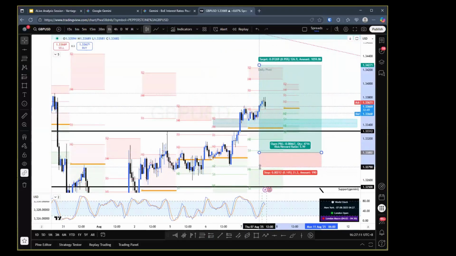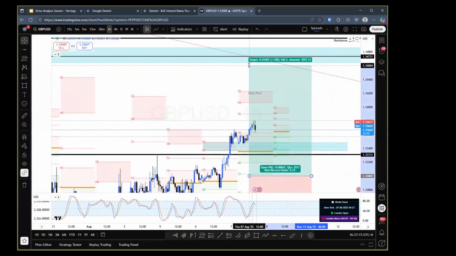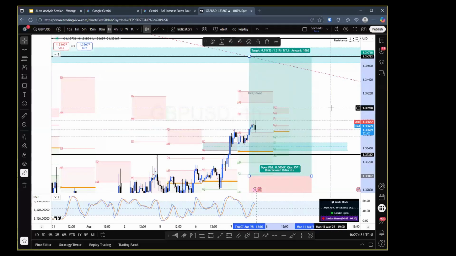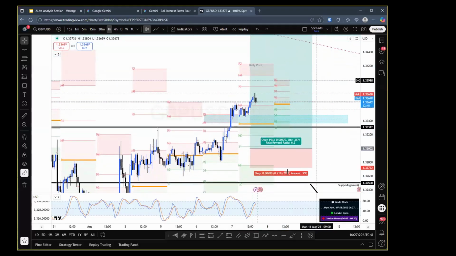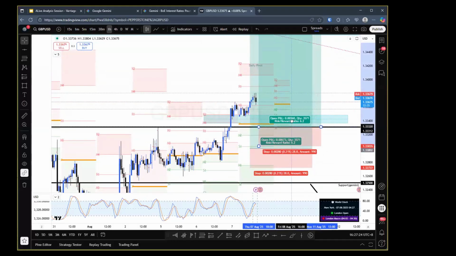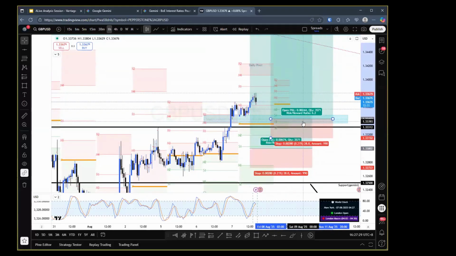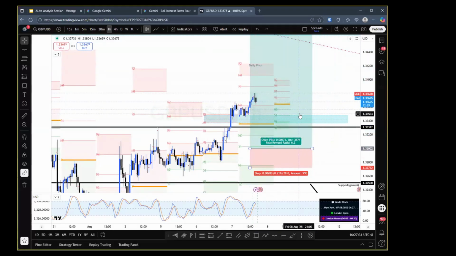So if given a choice, I would try to target an entry from here up to this area here. But if we do get sufficient information that this is going to be a support, then we will be a little bit more aggressive in the buys.